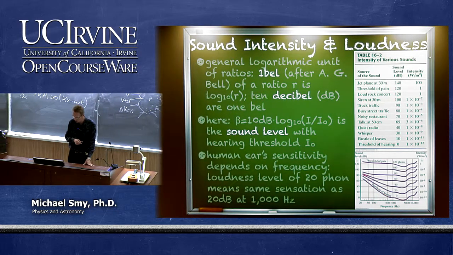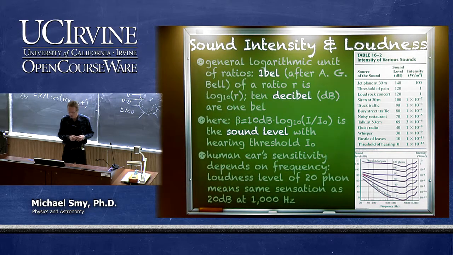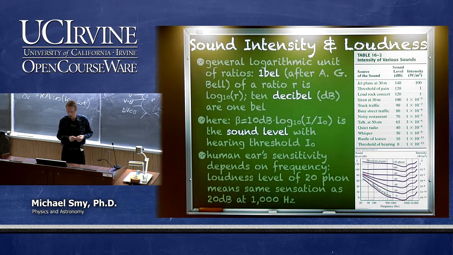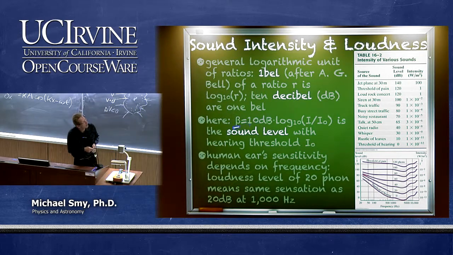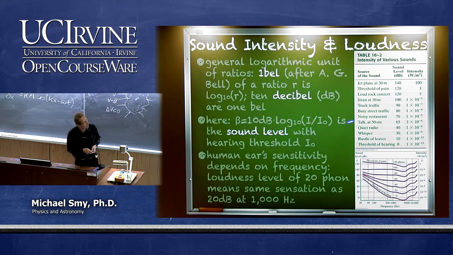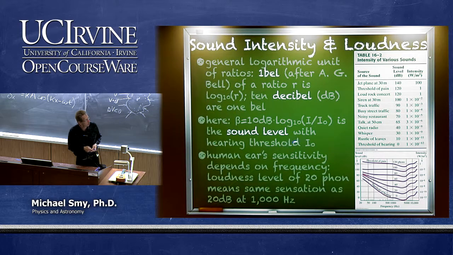And 1 bell means basically a factor of 10. So 1 decibel means 1/10 of a bell, or 10 decibels equals a factor of 10. Mathematically, that means that we take the logarithm of an intensity, compare it to some reference intensity, I0, and then multiply by 10 decibels, and that gives us the sound level. And for convenience, we pick for this reference value the human hearing threshold, I0.